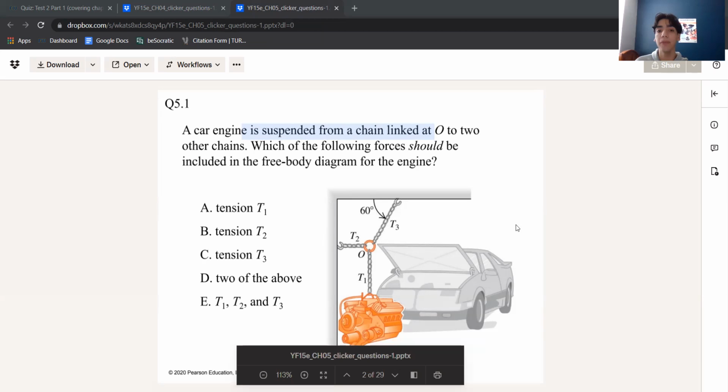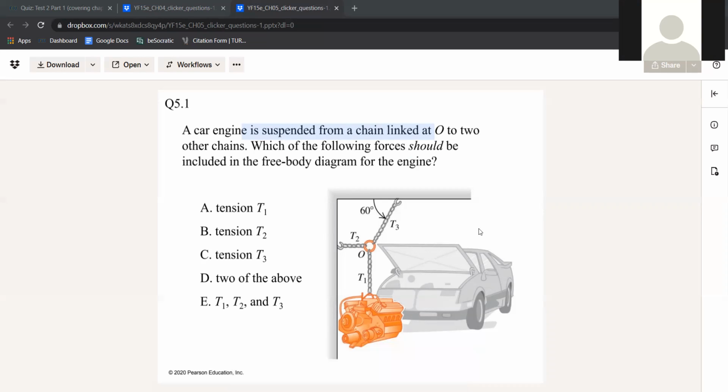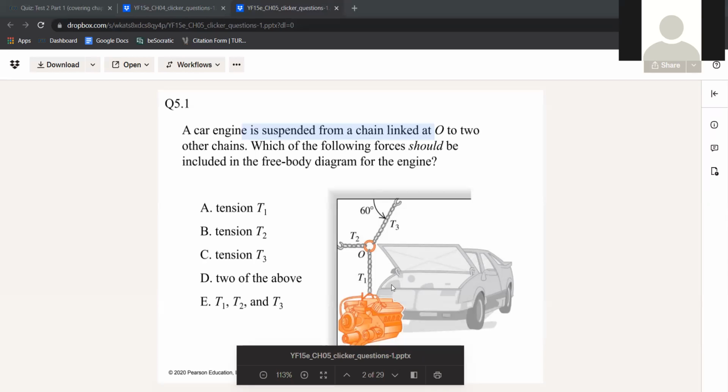All right, so Maria, do you have any input on this one? Well, now that I'm remembering, yes, we did this in the lab as well. But just by looking at what's going on in the picture, we see that T1 is the most affected by the weight in that specific direction.